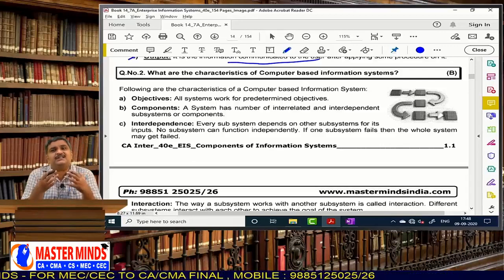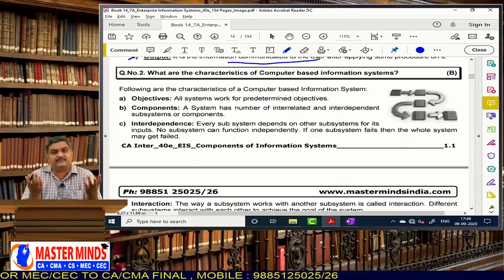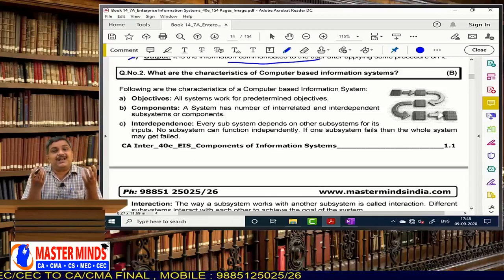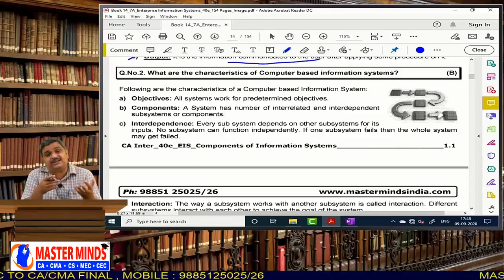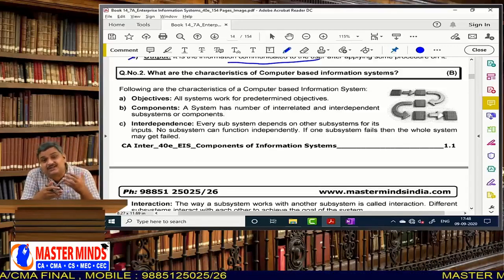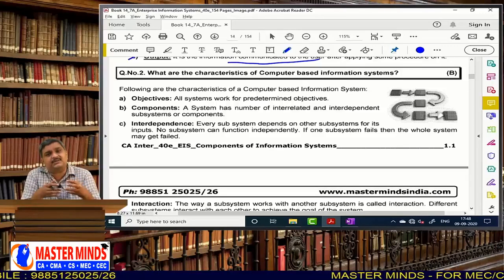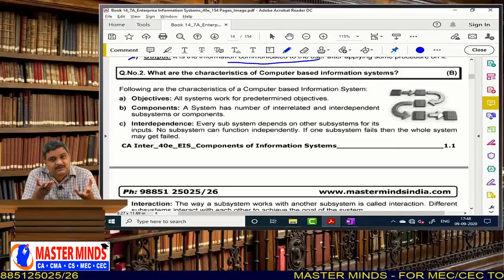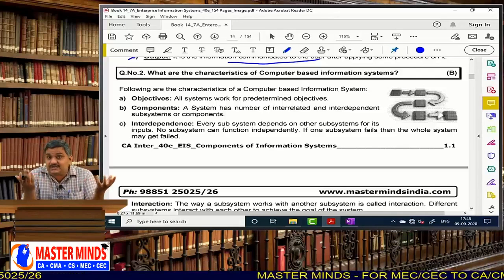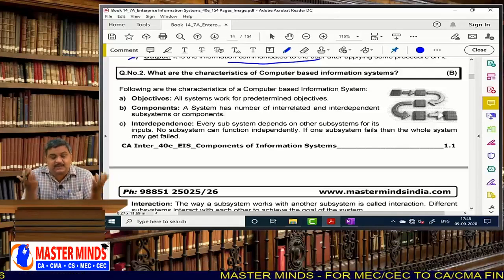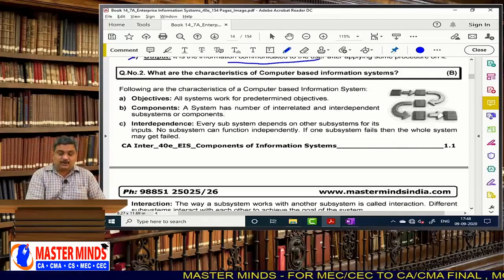Providing information to the decision makers is the objective. Okay. So, likewise, every information system, either it is a marketing information system, sales information system, customer relationship management system, or invoicing system, every information system has an objective. And without objective, nothing can be built. Okay. So, every system has some objective.